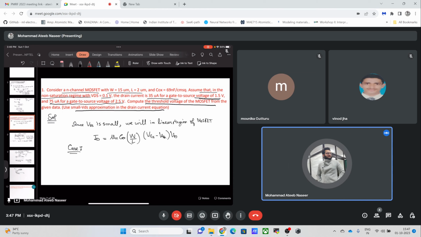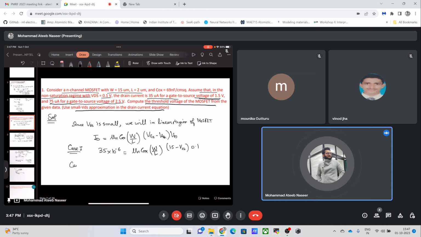So ID is simply 35 microamperes, which is 35 into 10 raised to minus 6, equal to mu n C ox W by L, kept as it is, times 1.5 minus VTH, which we need to find, times VDS, which is 0.1.